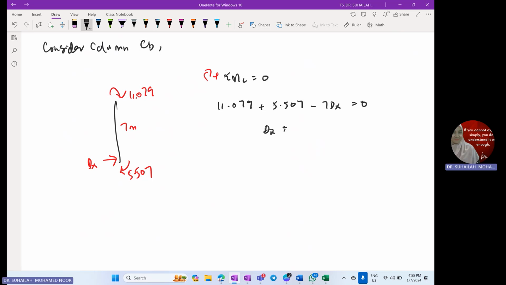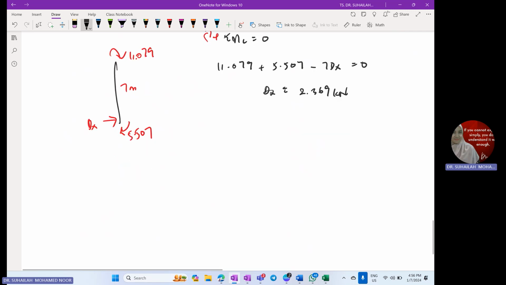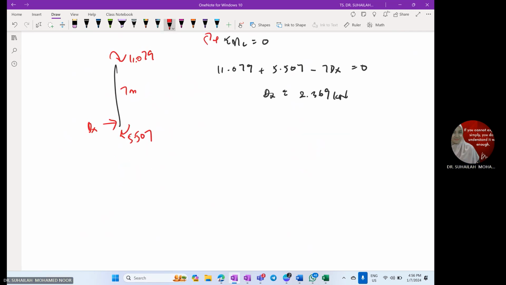So DX is equal to 11.079 plus 5.507, we divide by 7. It is 2.369 kilonewton. So we substitute into the shear equation.